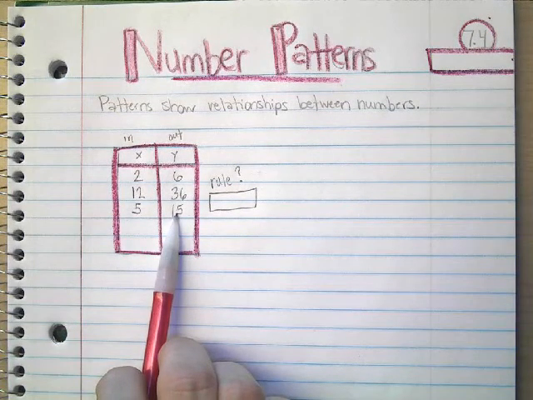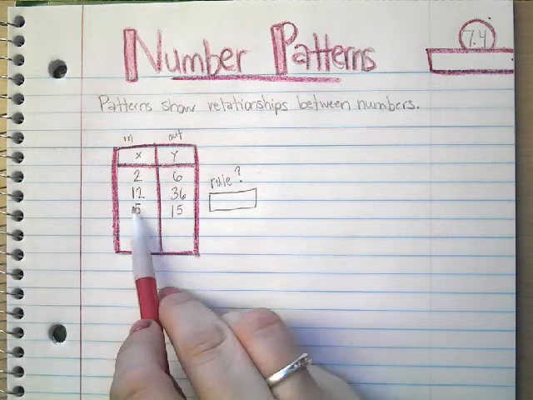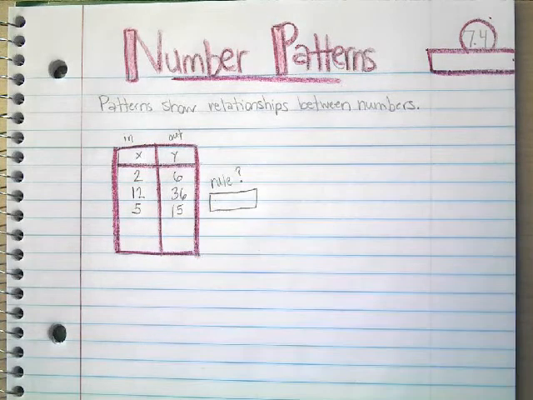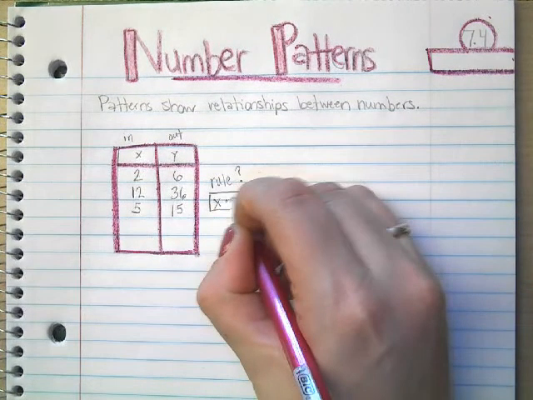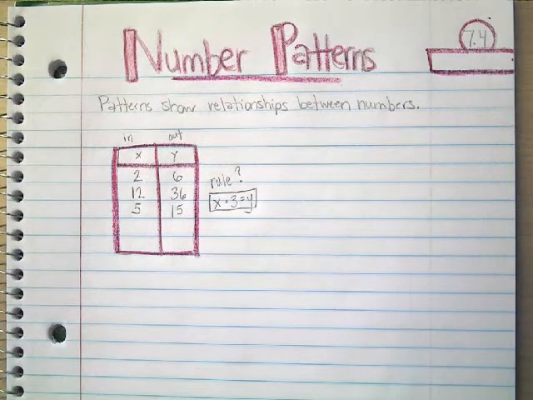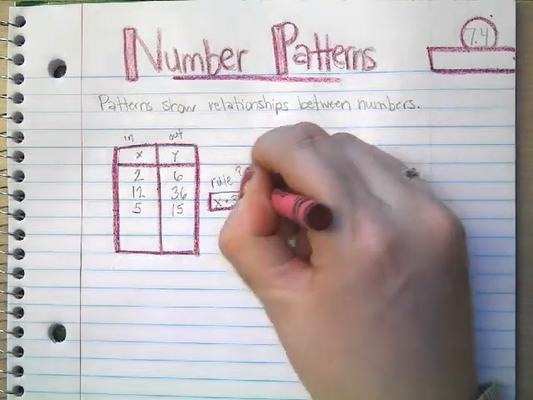How did I get from 5 to 15? I times by 3. So it does fit the same rule. If I take x and multiply it by 3, then I should get y. Does that make sense? Okay.